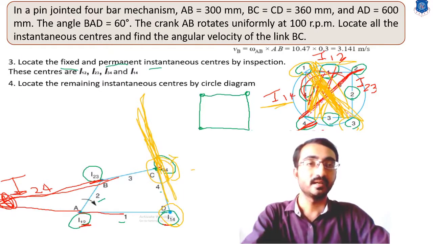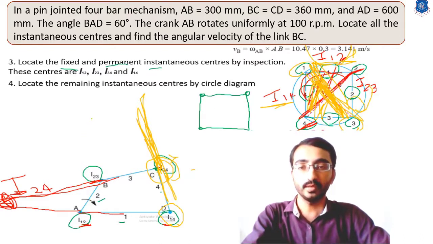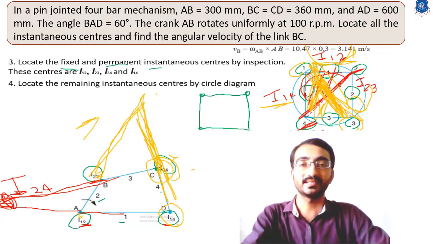And similarly now you have to connect I12 and I23. So these 2 points, I12 and I23, and this extension will give us the diagram like this, and this one is your I13.